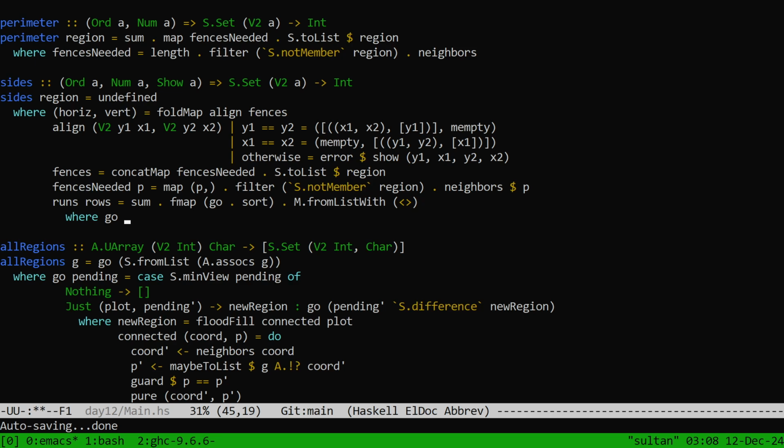So, well, how? I can zip the list with its tail to get a list of pairs of adjacent items. Is that what I want? If I had like 4, 5, 6 in a row, then those would all just be one thing.